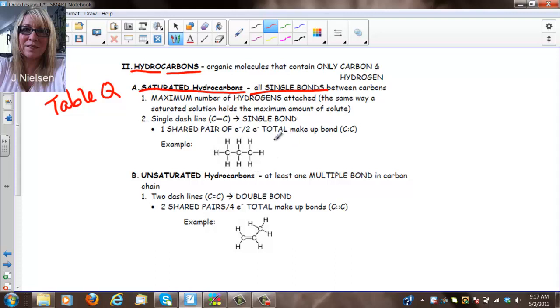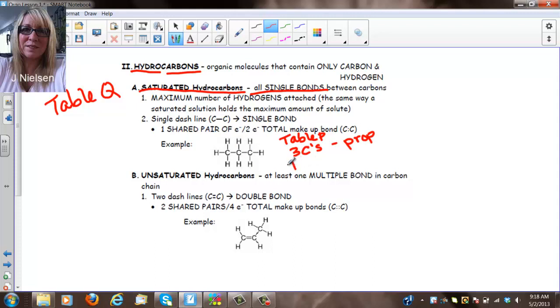Now, I'm going to go ahead a little bit. If we were to go to name this, we would go to Table P, and we would look and see the prefix for 3 carbons. So 3 carbons has the prefix prop. You don't have to memorize that.